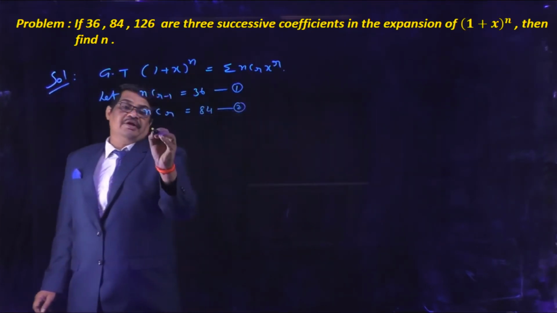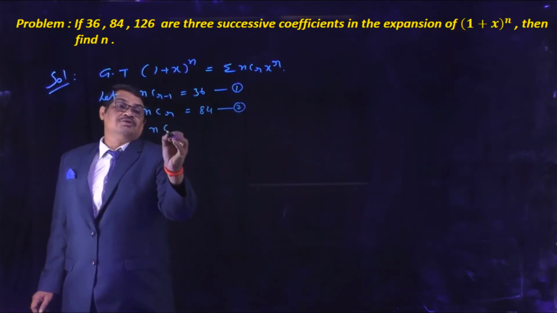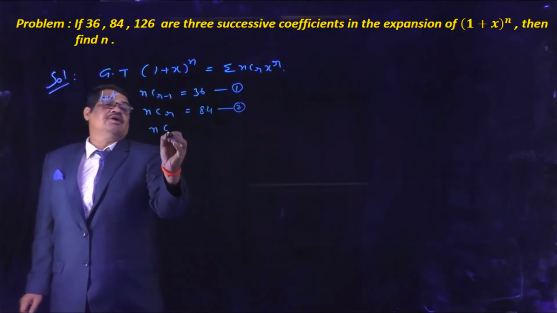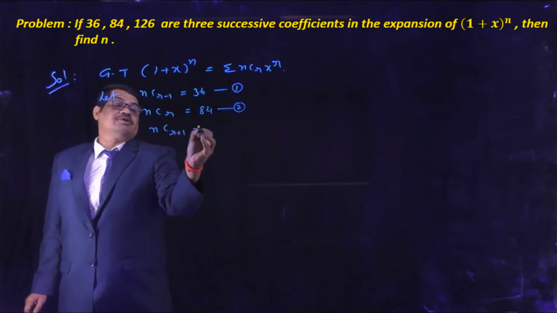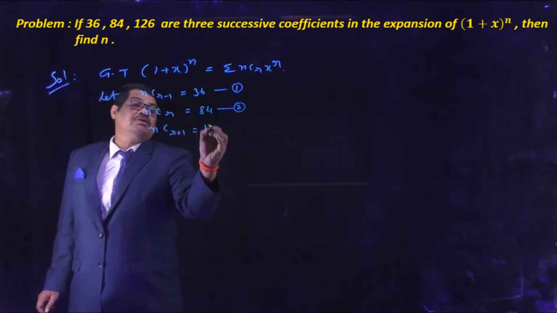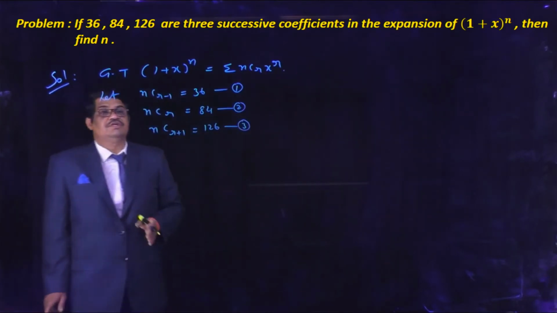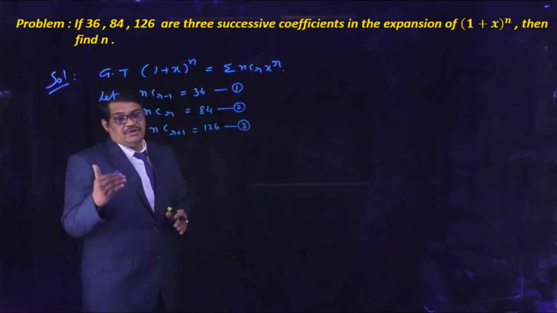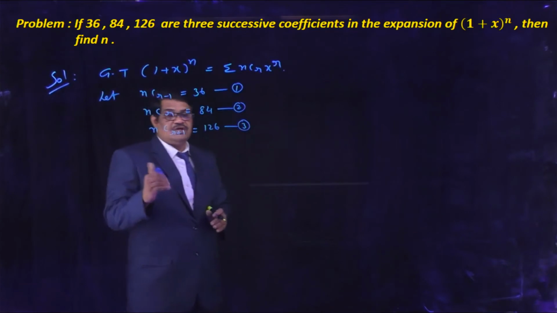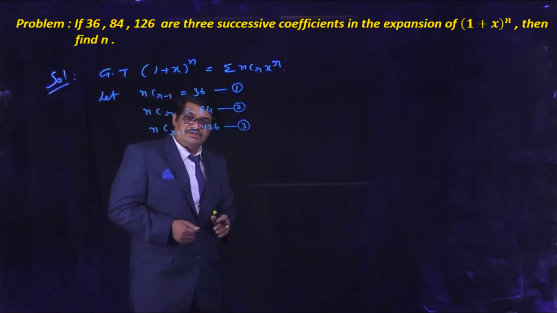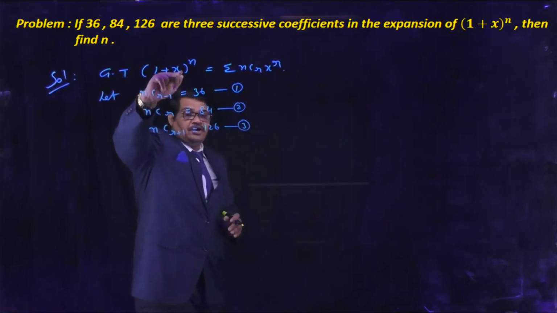And we take the third term, nC(r plus 1), that is given as 126. These are the three successive coefficients, nC(r minus 1), nCr, nC(r plus 1).